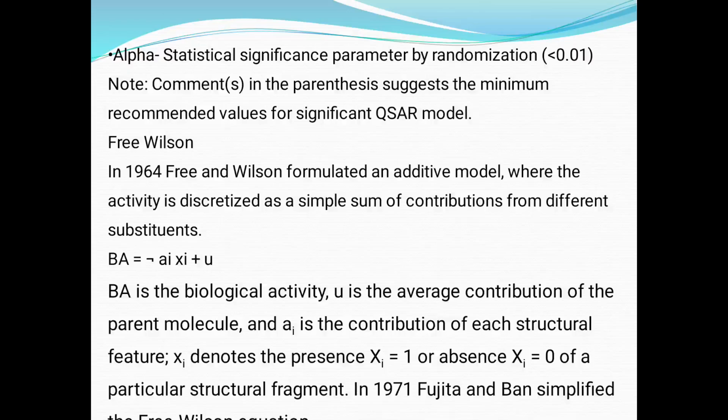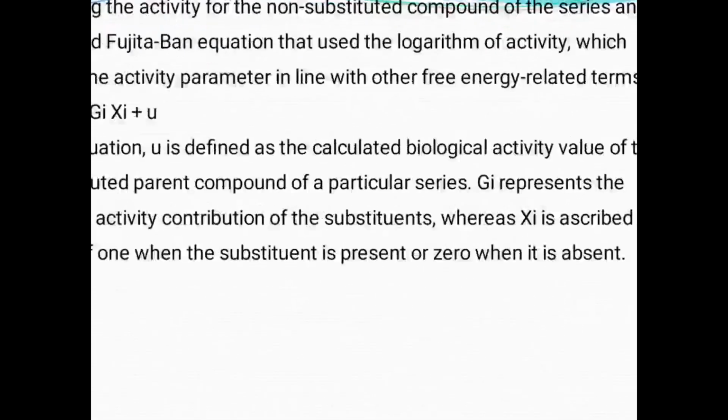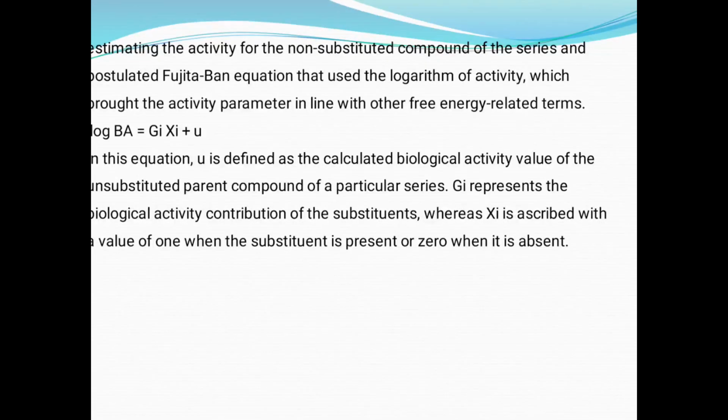In 1971, Fujita and Ban further simplified the Free-Wilson equation, estimating the activity for non-substituted compounds of the series, and they postulated that the logarithm of activity can bring the activity into a straight line. Always log values will make a straight line. Therefore log BA is equal to the summation of GiXi plus mu.